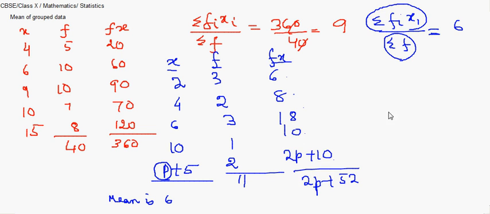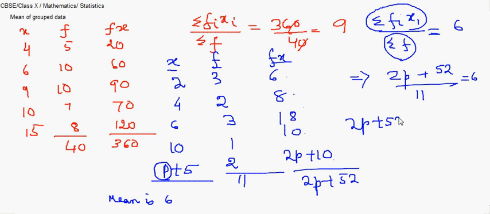I substitute these two values in the equation. So 2p plus 52 by 11 is equal to 6. In that case 2p plus 52 is equal to 66, and 2p is equal to 66 minus 52, that's 14. So p has a value of 7 in this question.